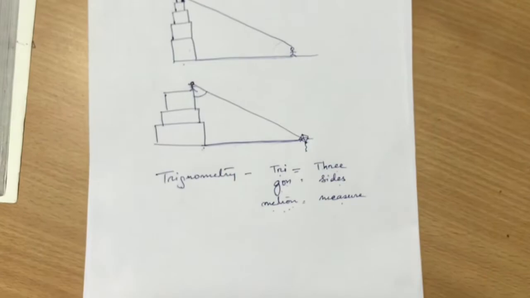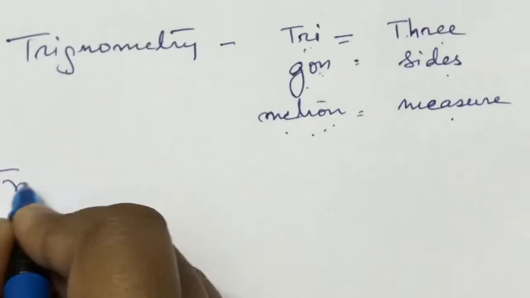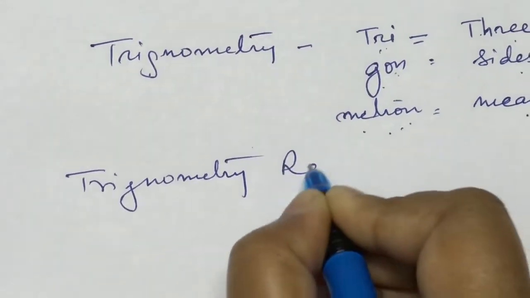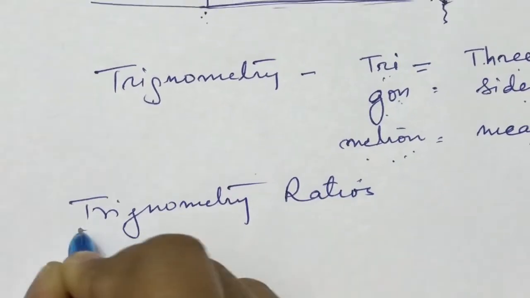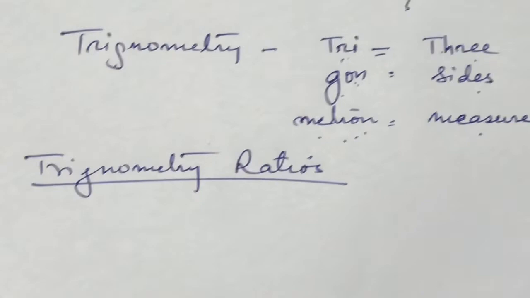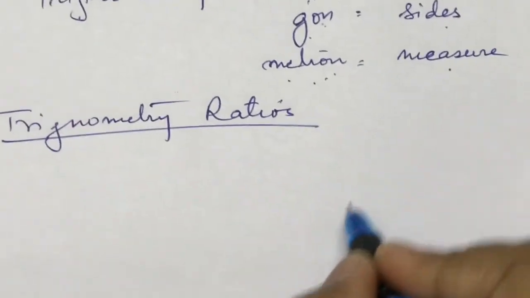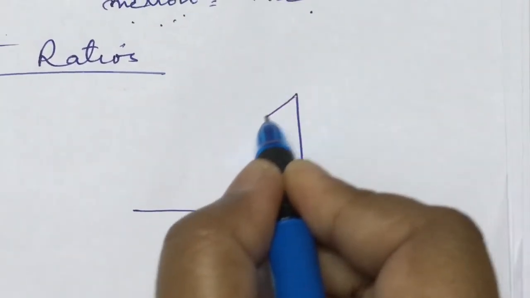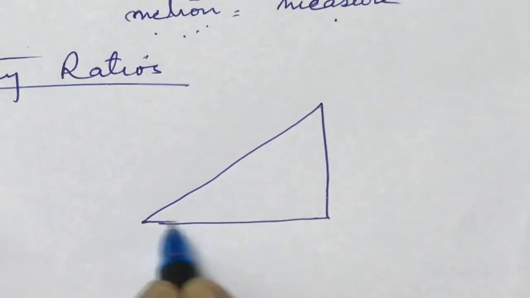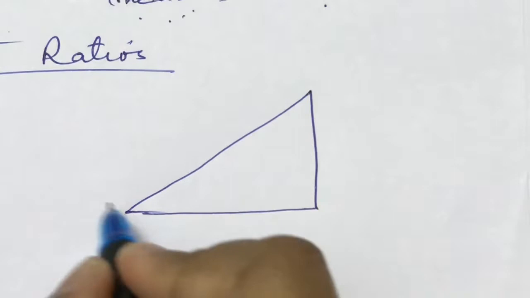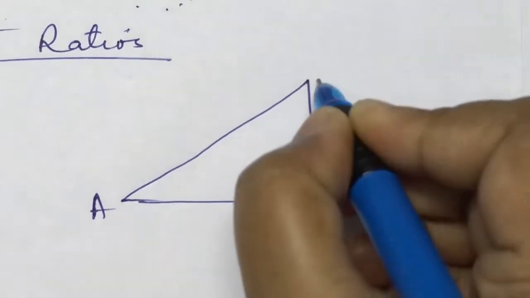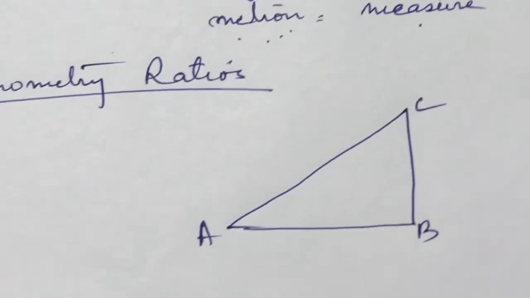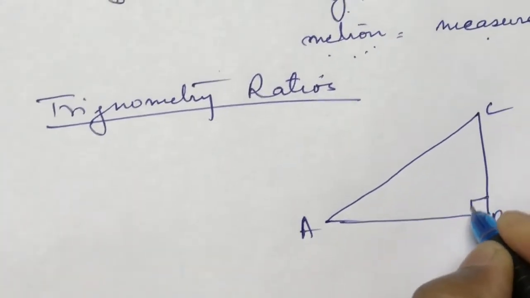Now we go to the trigonometry ratios. What are the trigonometry ratios? Let me first form a right angle triangle. Suppose ABC is the right angle triangle, right angled at B, as I told you.